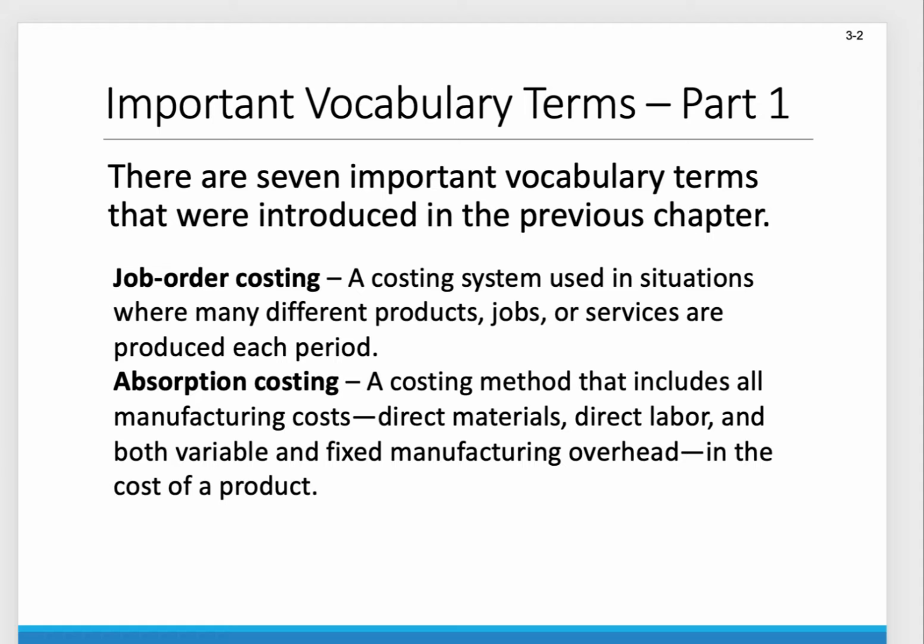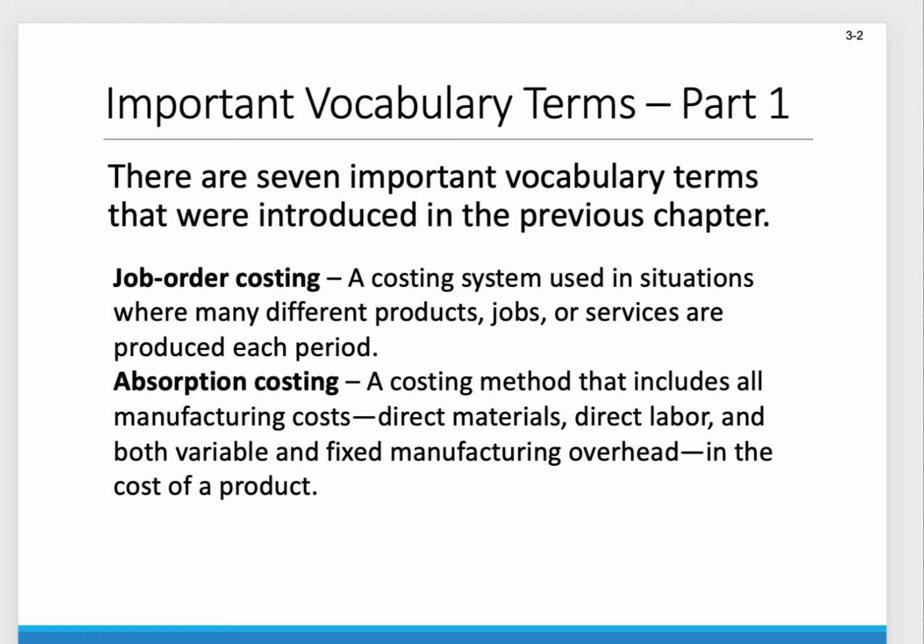Each of those products, jobs, or services are unique in the sense that they are designed to customer specifications. And remember, we need to be able to not only trace direct costs to specific jobs and services, but we also need to be able to allocate that overhead to those specific jobs and services.